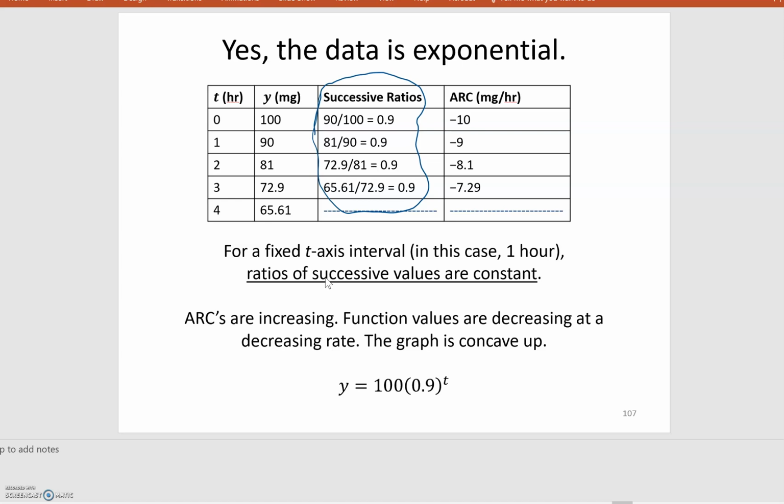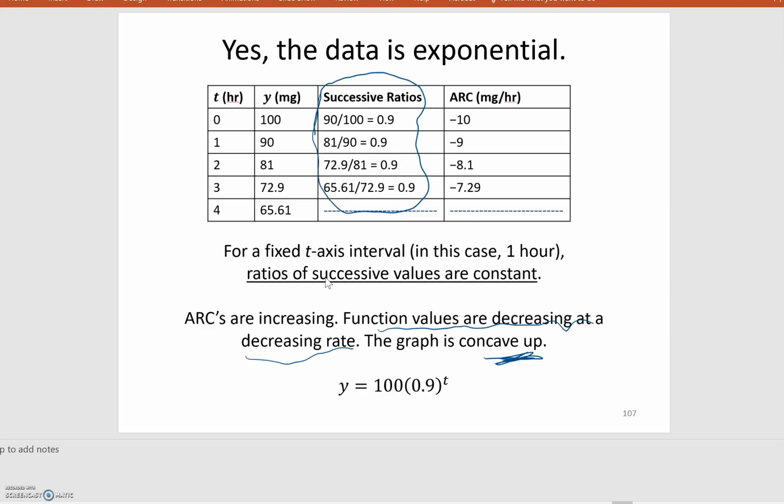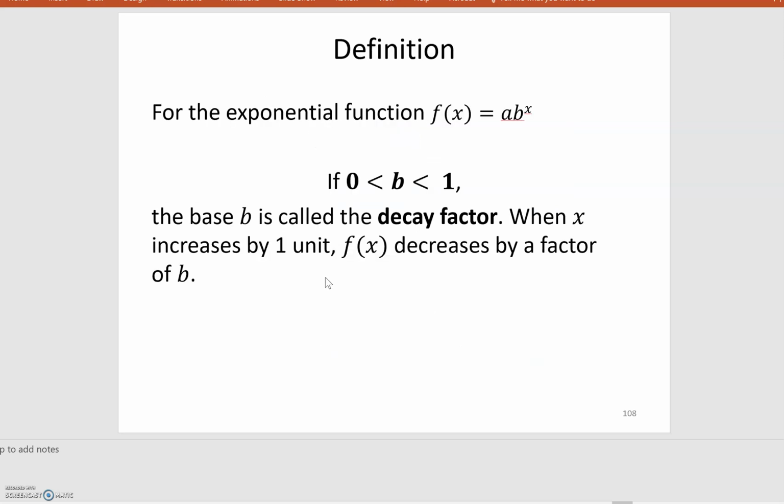In terms of rate, we say this is decreasing at a decreasing rate, which is concave up, and decreasing at a decreasing rate. Okay. So the point of all that is to show you what an exponentially distributed data set looks like that is decreasing.